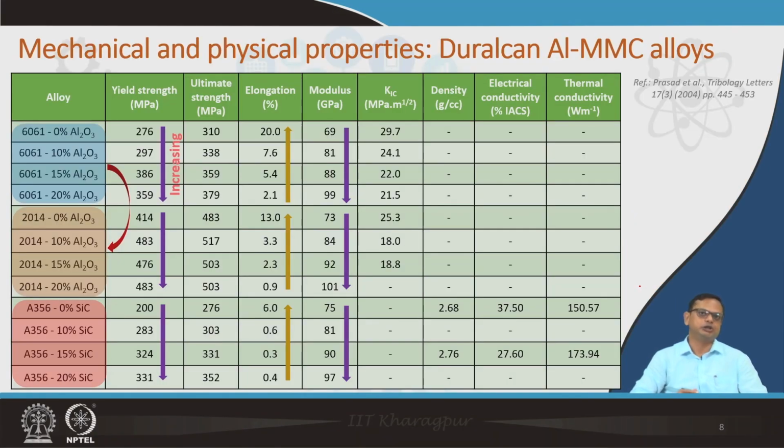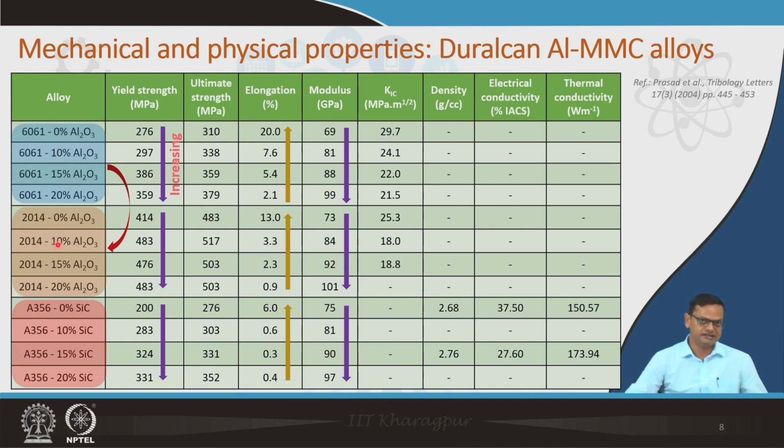Now, let me quickly talk about certain examples. You can see in this table that three different aluminum alloys have been reinforced, but the alloying elements are different. These two are wrought, and this one is a cast product.